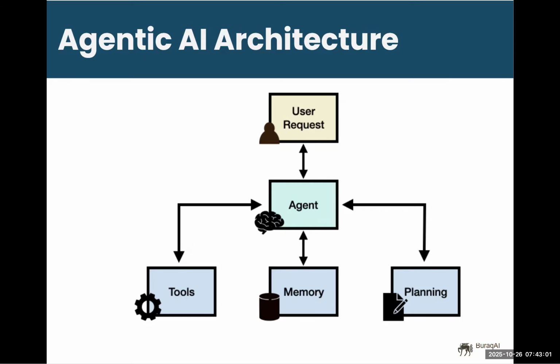It has tools to execute the task or user request, and it has memory to store internal or external information, meaning short-term or long-term memory, and it has planning capabilities. Planning is something the agent does internally using the LLM, deciding how to utilize the tools and memory to answer the user request or solve the task or problem.